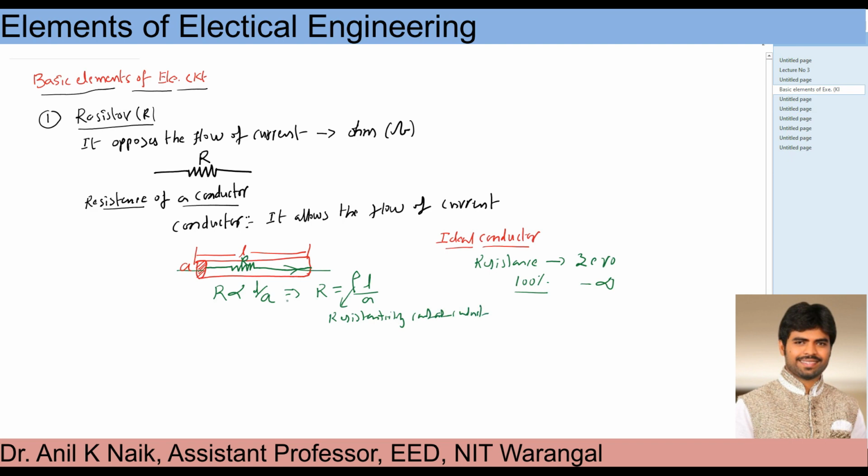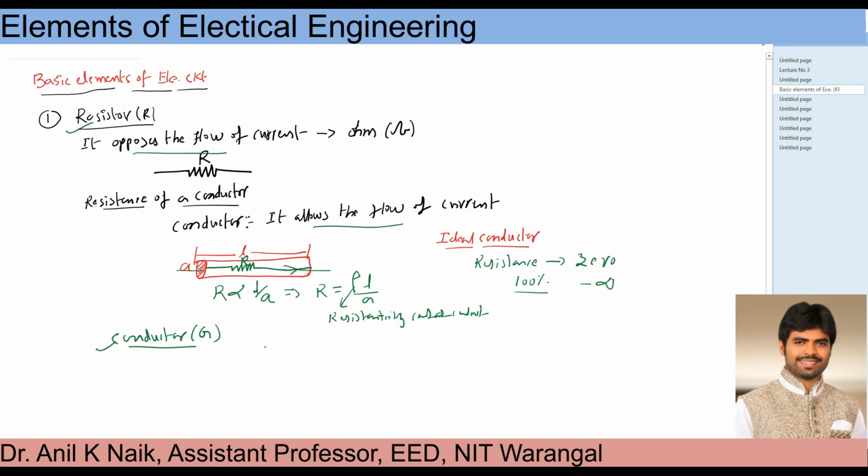So this is the concept of the conductor. The conductance of a conductor is denoted with G. If you compare resistance and conductance, the resistance opposes the flow of current, but the conductor allows the flow of current.